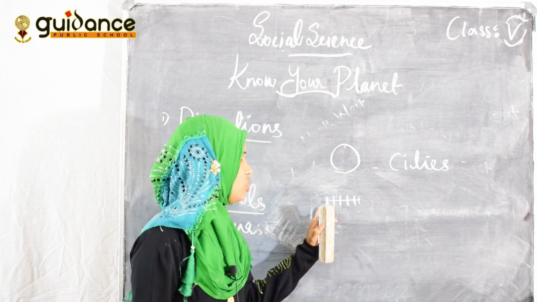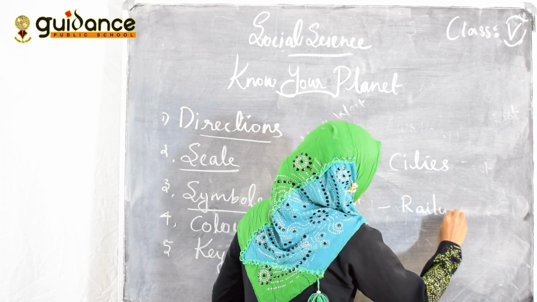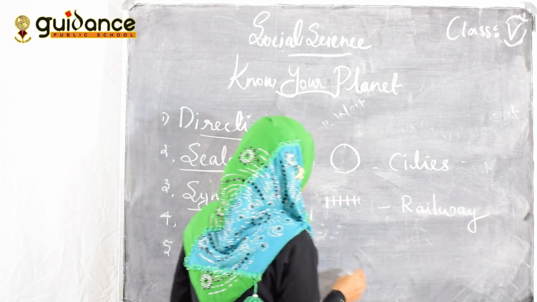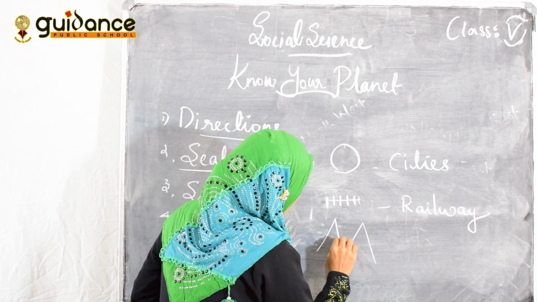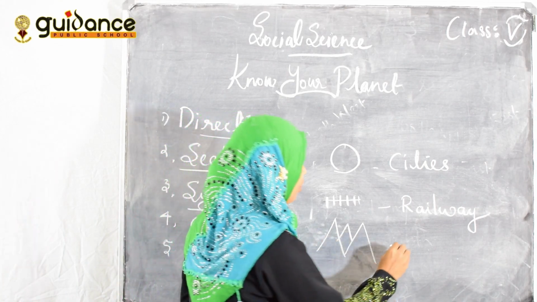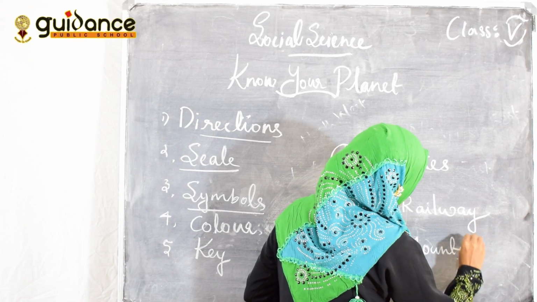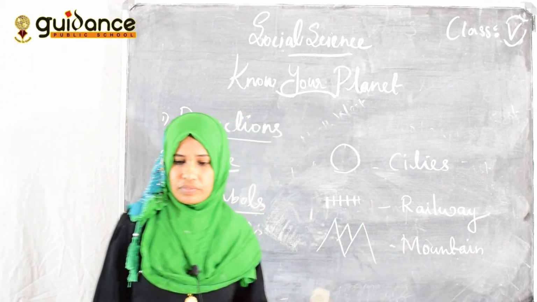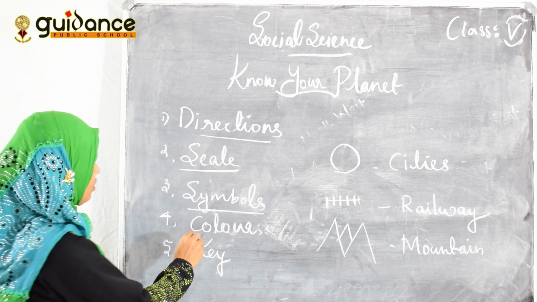And this symbol is used to represent railway. And this symbol is used to represent mountain. Understand? Then next one is color.